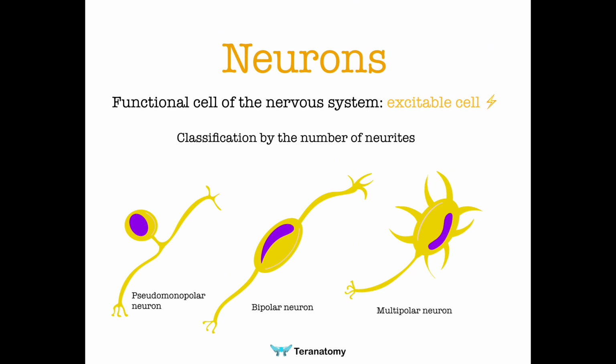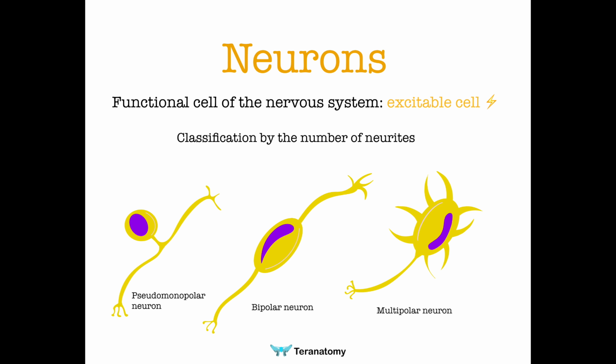Multipolar neurons are typically motor neurons or interneurons within the central nervous system. Second, bipolar neurons. These neurons have two processes emerging from the soma, one dendrite and one axon. They are usually found in specialized sensory pathways, such as the retina, the olfactory epithelium, and the inner ear. And finally, pseudounipolar neurons, sometimes called pseudomonopolar neurons.